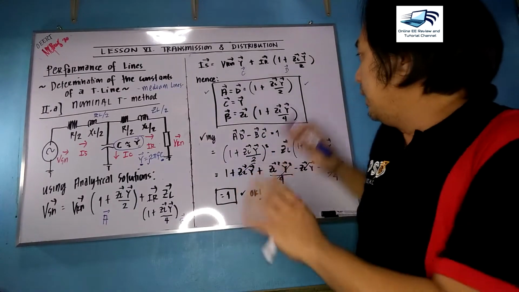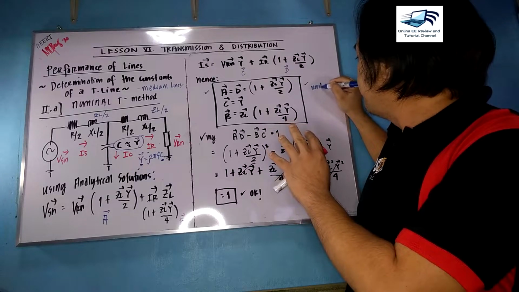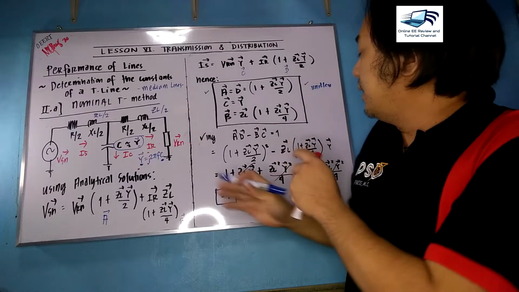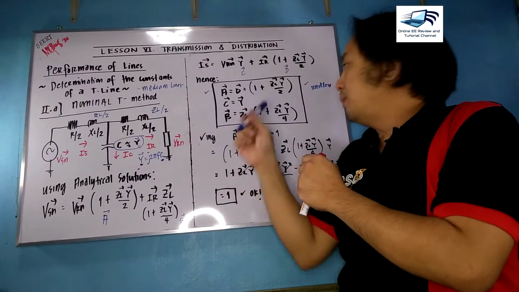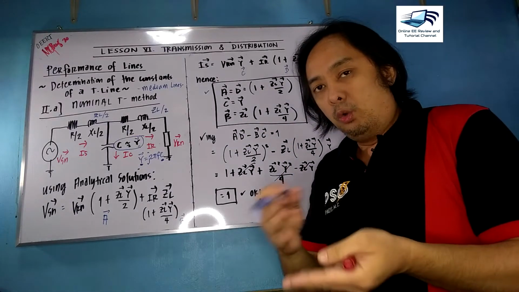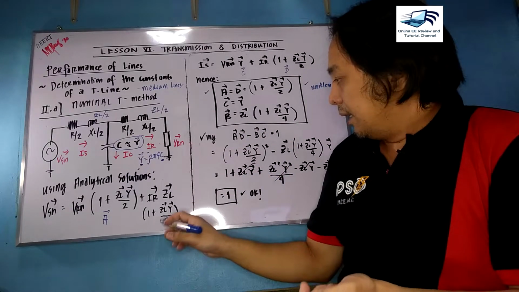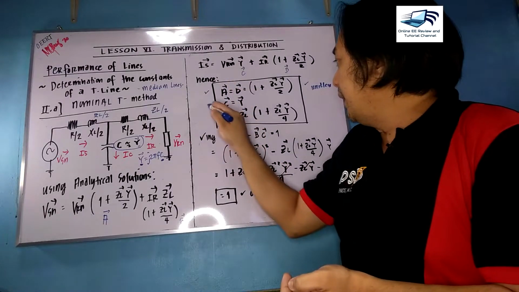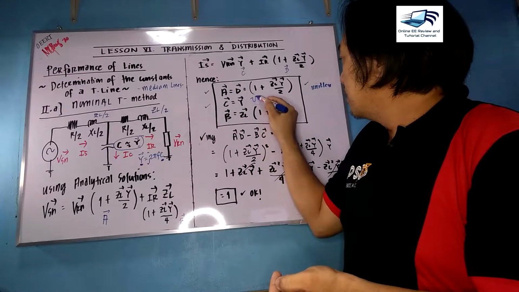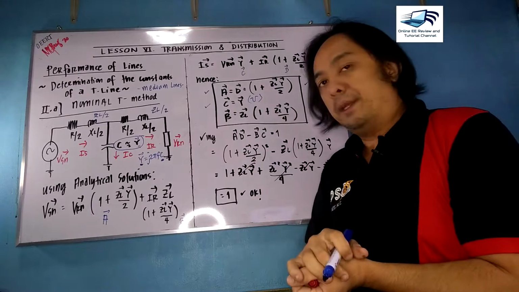And please take note, A and D are unitless, because Z and Y cancel ohms and mho respectively. And then your C is definitely your Y, and the unit is mhos. So C is equal to Y.